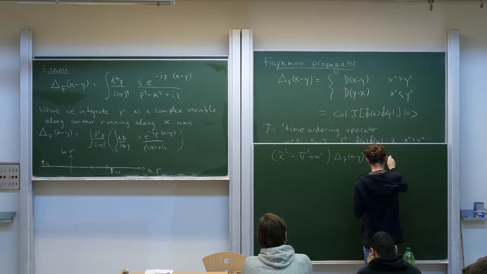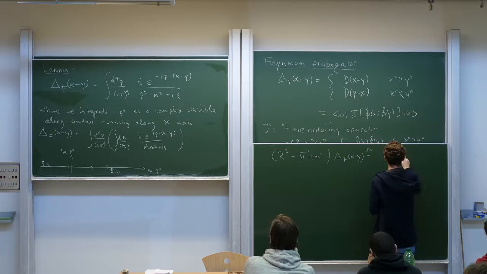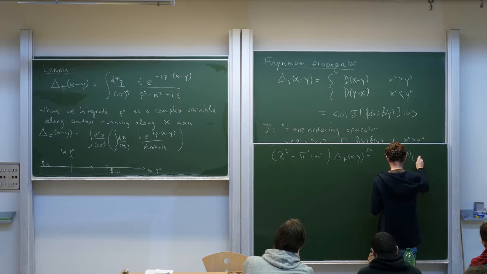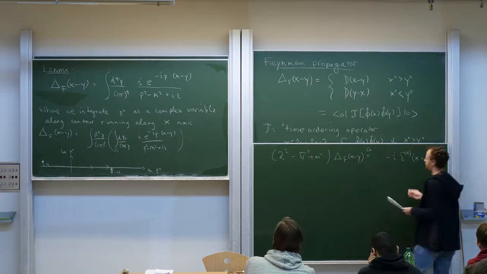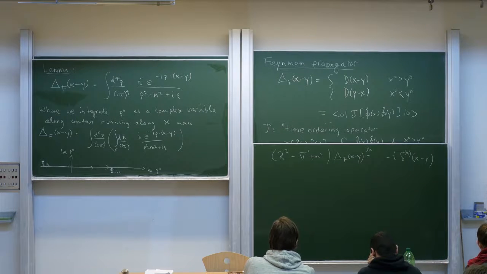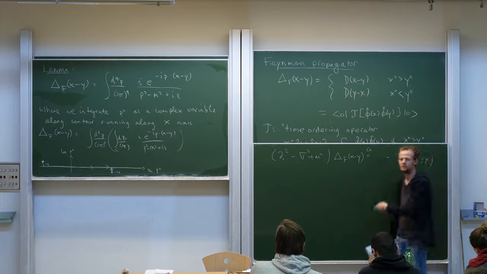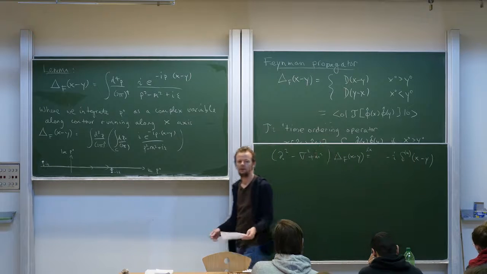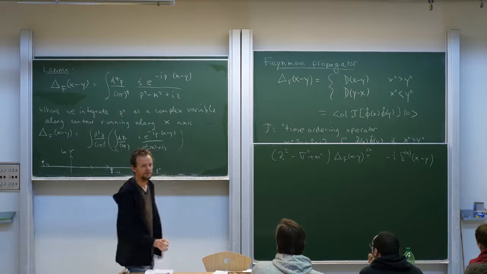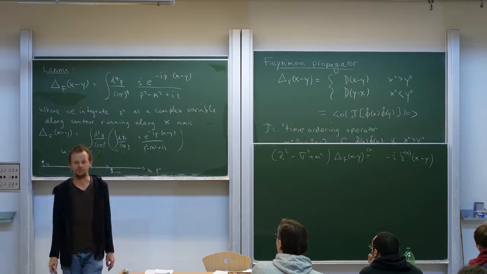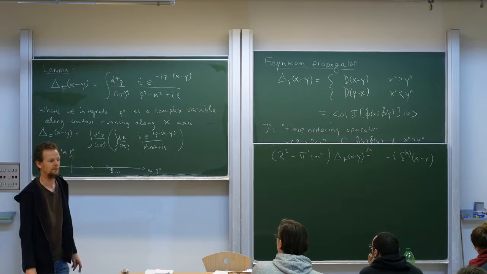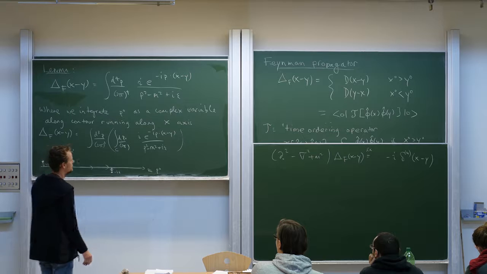This is also an exercise. So why should this be true? Well, the answer to that is, as I said, most neatly seen in the path integral approach to quantum mechanics and quantum field theory.